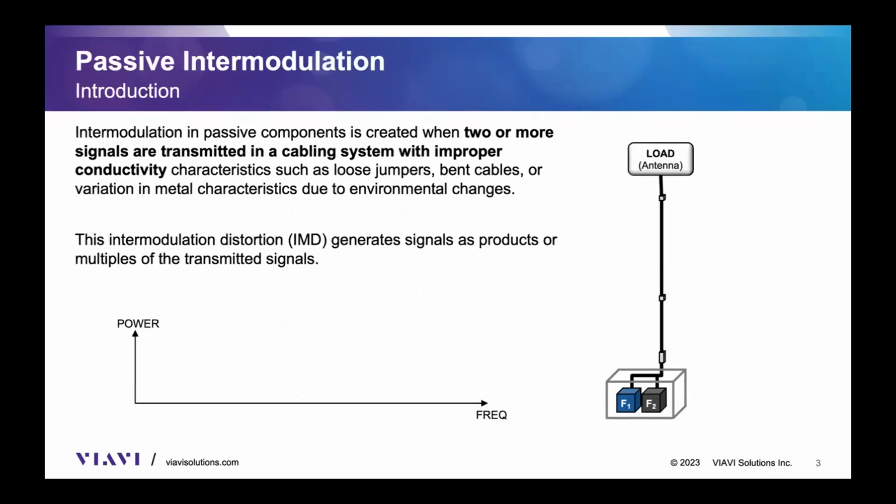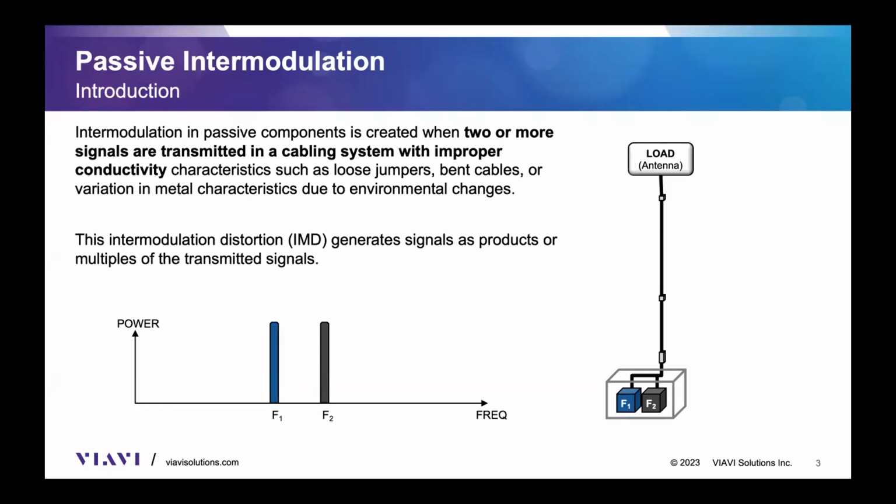Passive intermodulation, what it is. So basically, it happens when 2 signals in 2 different frequencies go through a transmission path that has some conductivity problems or conductivity characteristics. So, for example, here on the right-hand side, I'm showing a radio.